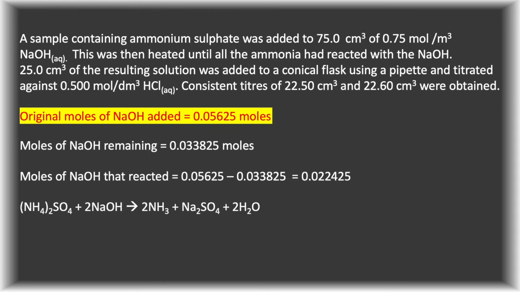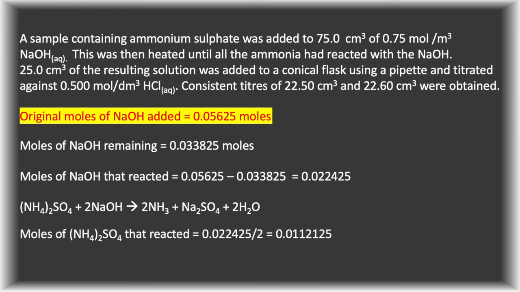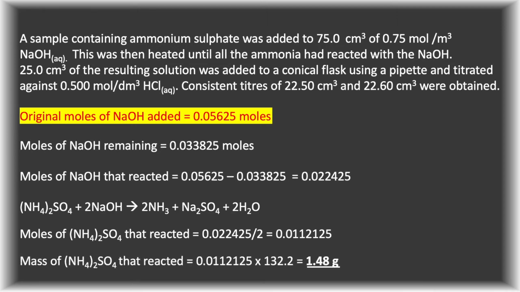We have a look at the equation, and 2 moles of sodium hydroxide reacts with 1 of ammonium sulfate. So we divide that number by 2 to find the moles of ammonium sulfate, and finally we find the mass of ammonium sulfate that reacted by multiplying by the molar mass to give us 1.48 grams.